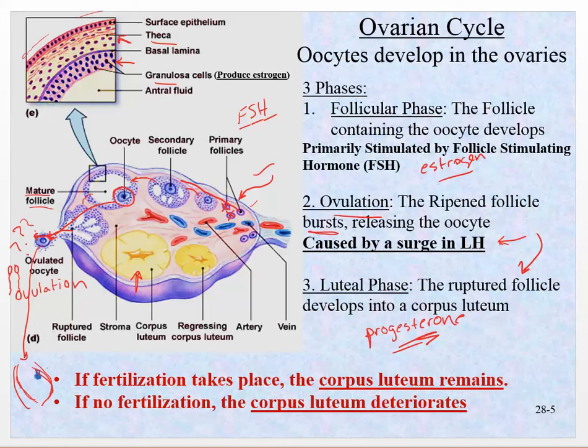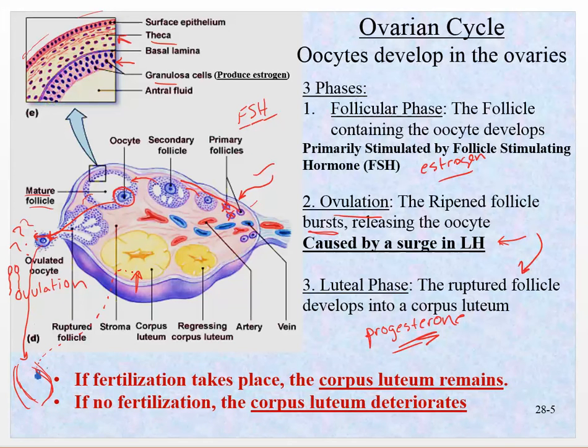If fertilization takes place, we want this corpus luteum to stay there if you're pregnant. However, the corpus luteum is sitting up here in the ovary and doesn't know what's going on in the uterus. So there has to be a signal that says, hey, yes, I'm pregnant.